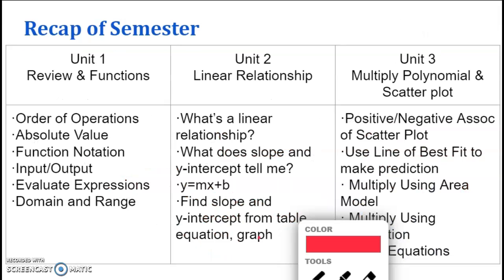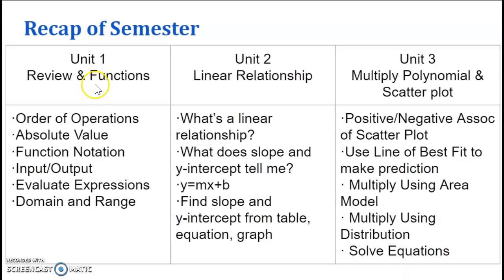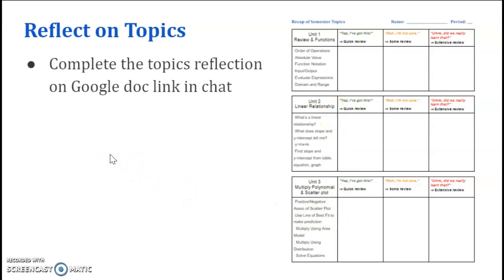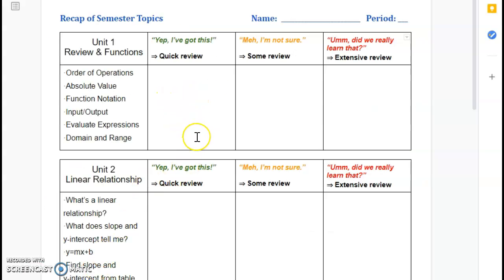Okay, for the remainder of the class, we recapped the semester and the topics we learned, and these are the topics that you can look at from Unit 1, Unit 2, and Unit 3. To closely reflect on that, we did a reflection on each of the topics on the Google Doc, looking like this.